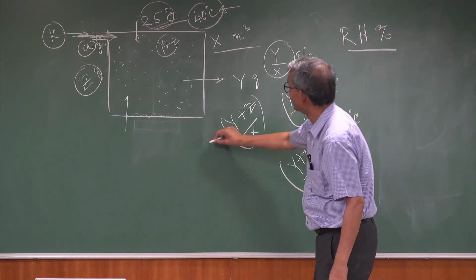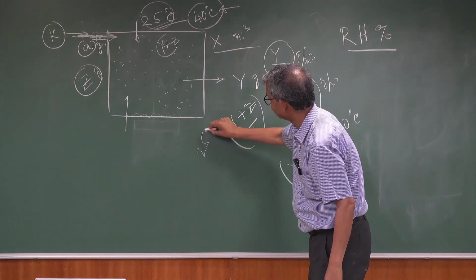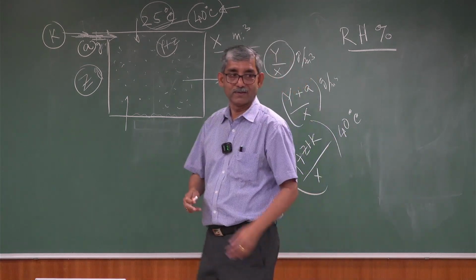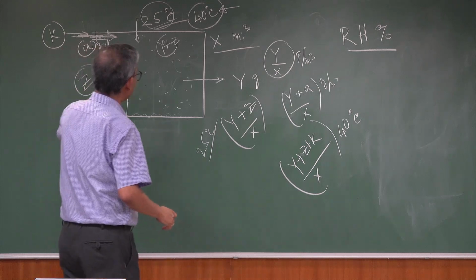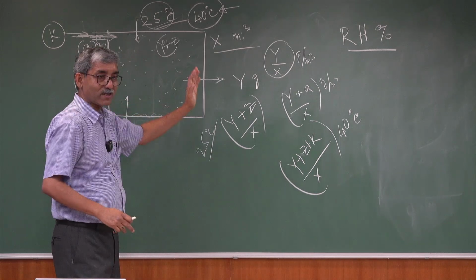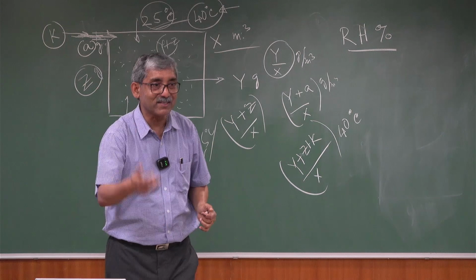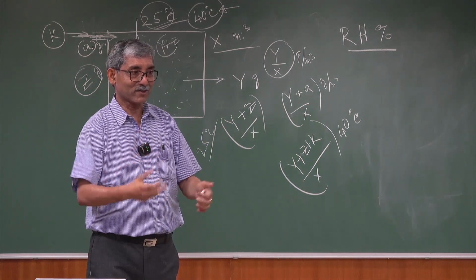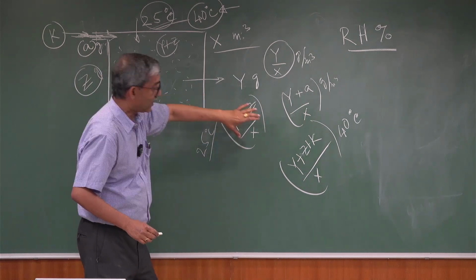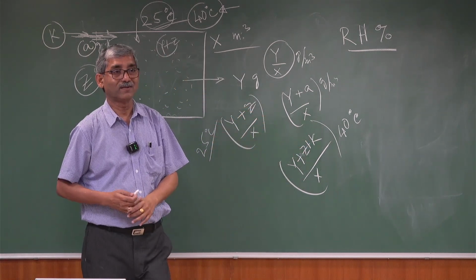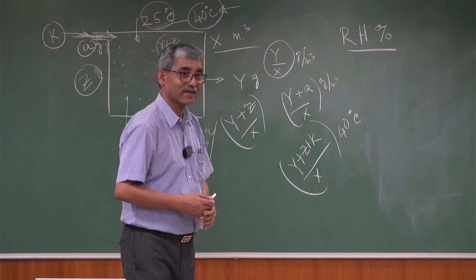Okay, this will be at 25 degrees Celsius. Saturated humidity. That means your saturation is changing. So here Y plus Z was there, and here Y plus Z plus K.